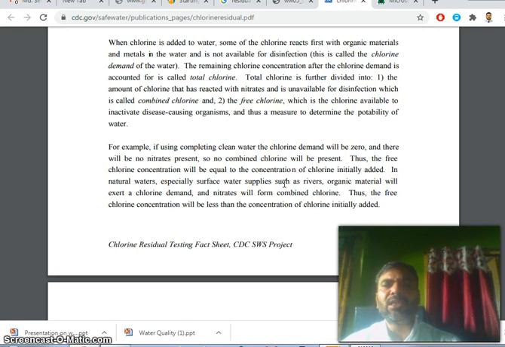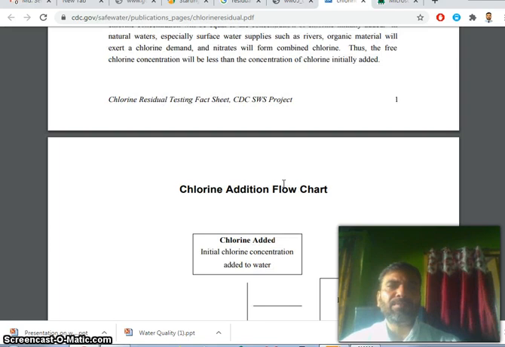So total chlorine is further divided into the amount of chlorine that has reacted with nitrates and is unavailable for disinfection, which is called combined chlorine, and the free chlorine, which is the chlorine available to inactivate disease-causing organisms, and thus a measure to determine the potability of water.